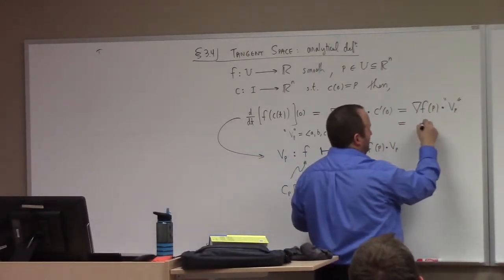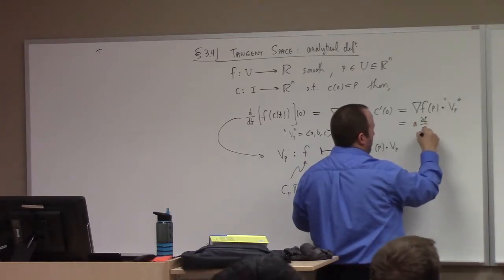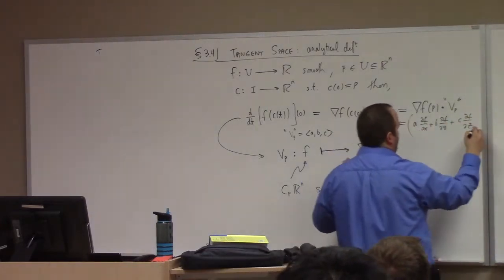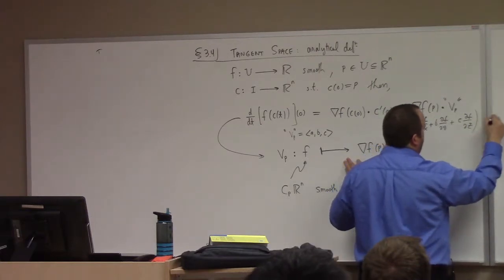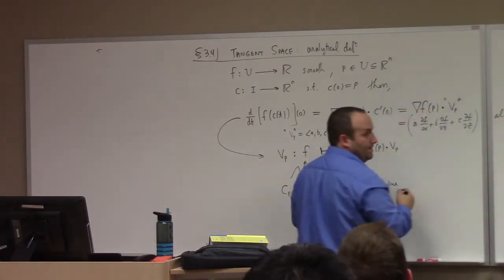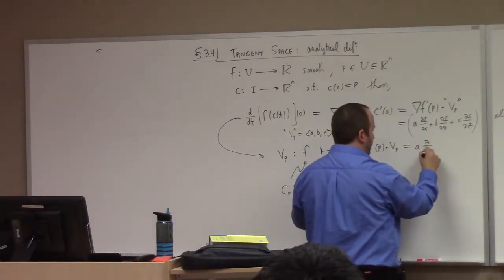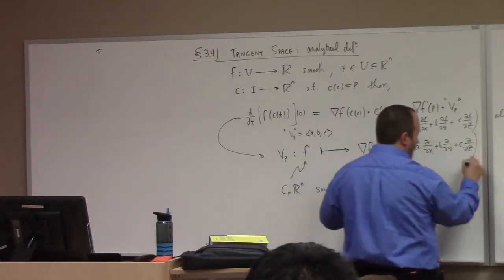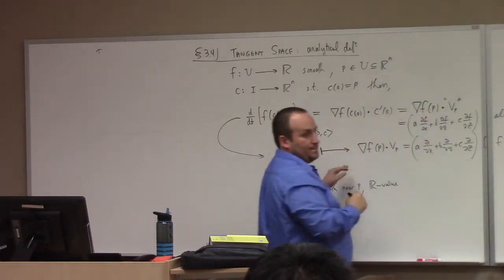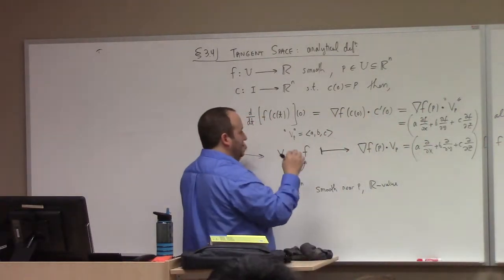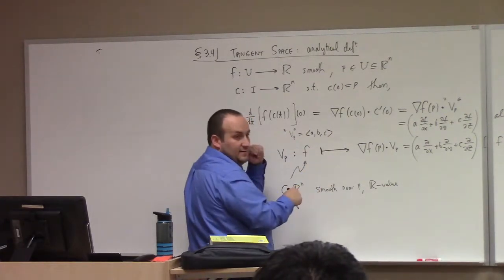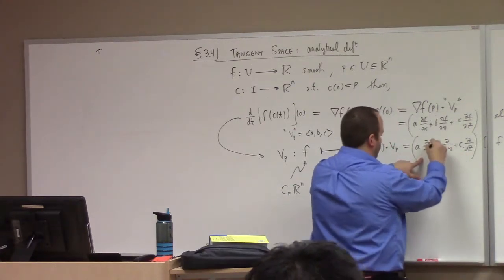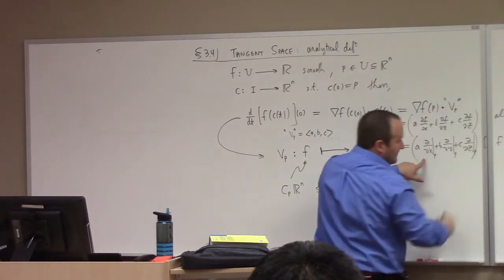This is A partial F partial X plus B partial F partial Y plus C partial F partial Z, all at P. And so you could look at this as A partial partial X plus B partial partial Y plus C partial partial Z, this operator acting on F. And so you see there's a natural correspondence between quote unquote (A, B, C) and this differential operator, A partial partial X, B partial partial Y, C partial partial Z. Evaluation at P, evaluation at P, evaluation at P, fine.